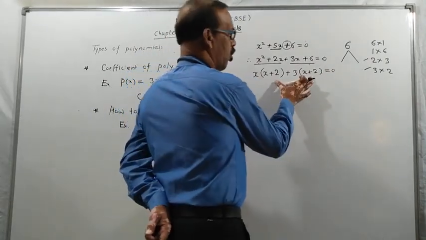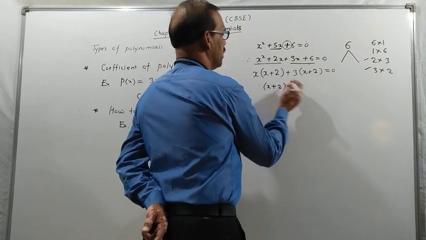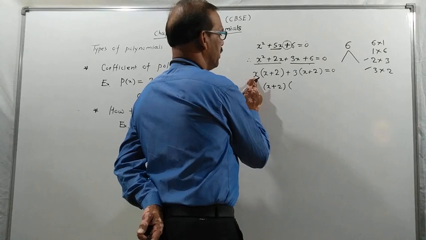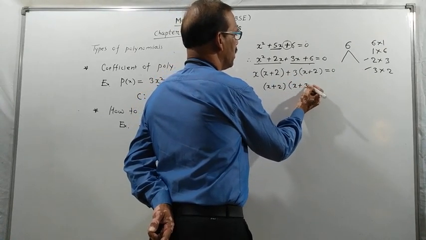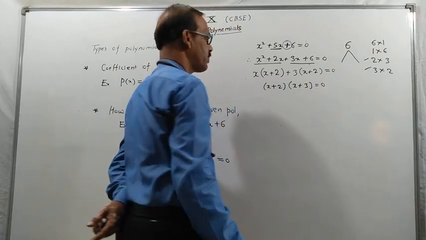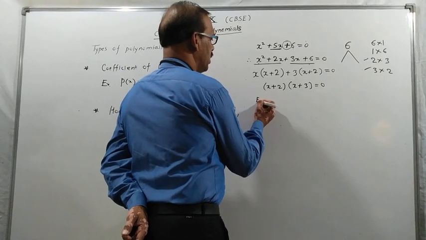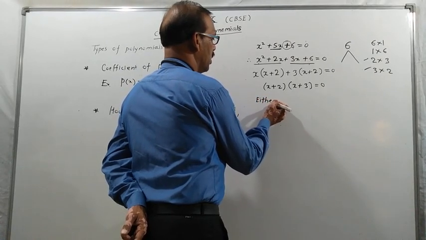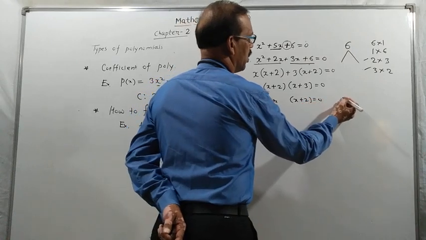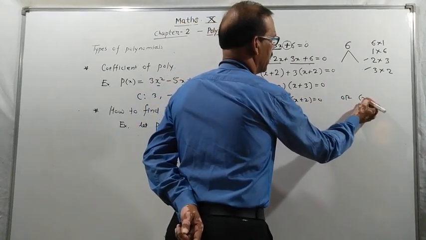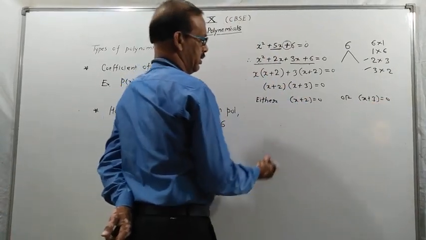Again we take this common bracket, and in the second bracket we write the remaining terms: x is remaining here and plus 3, that is x plus 3 equal to 0. After this, either we take the first bracket as 0 or the second bracket as 0 to find the value of x.